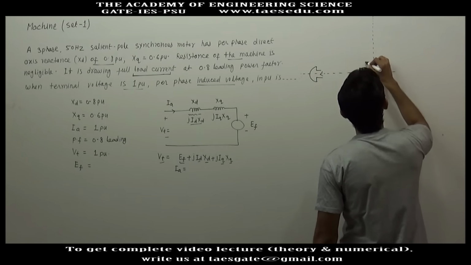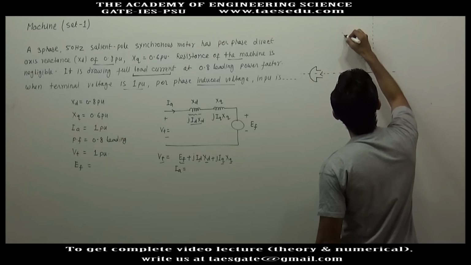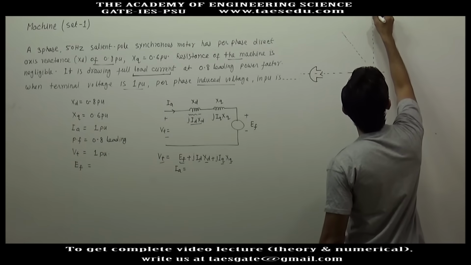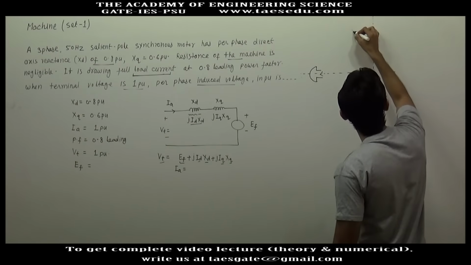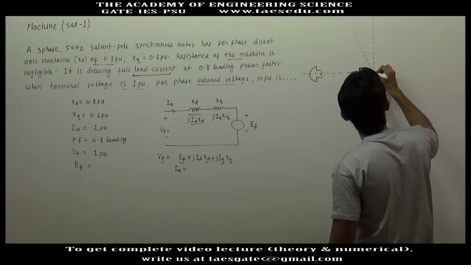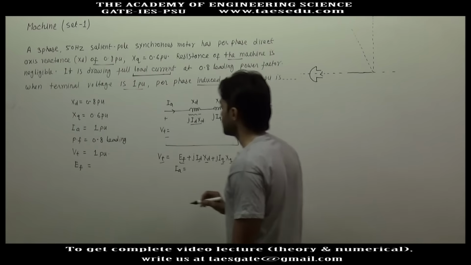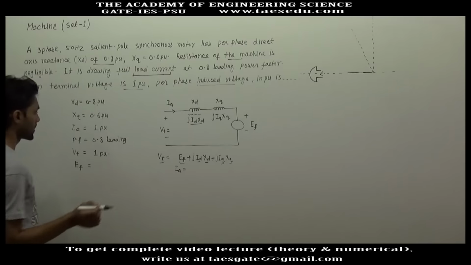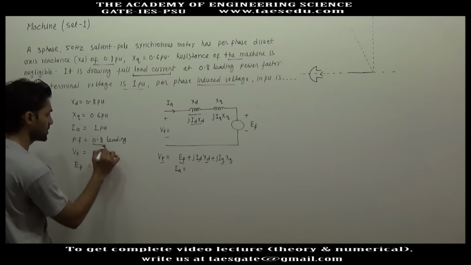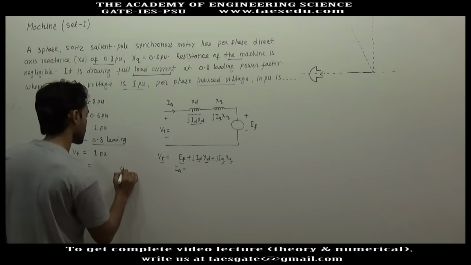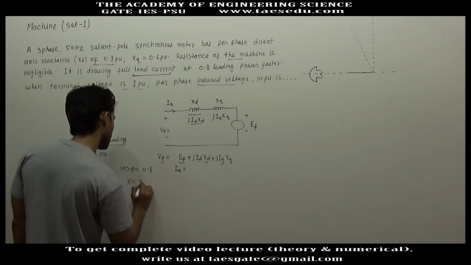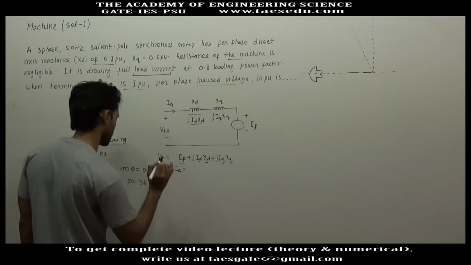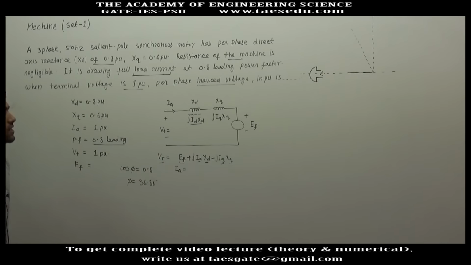So let's say this is direction of Vt and this is direction of EF. Now the current is 1 pu and 0.8 leading. The power factor cos phi is 0.8, so phi will be 36.86 degree and the current will lead the voltage.